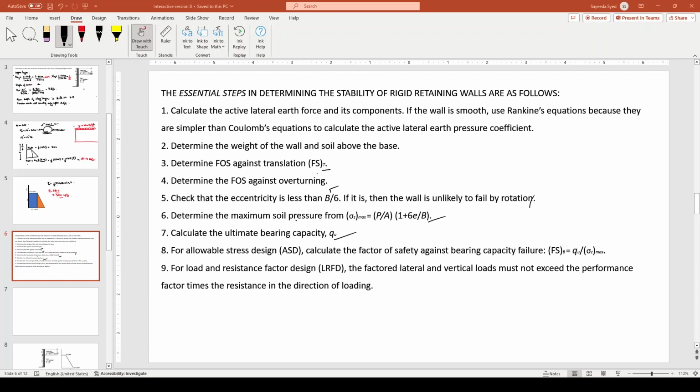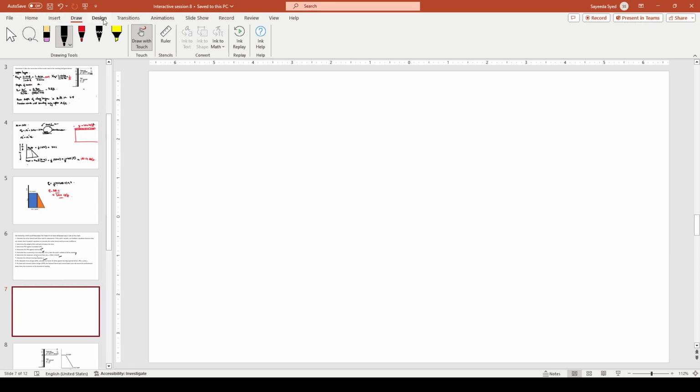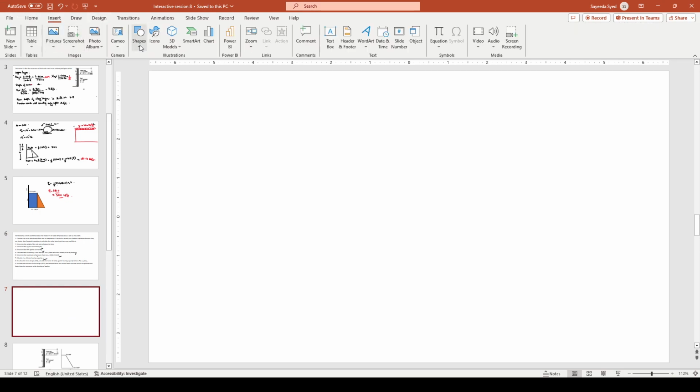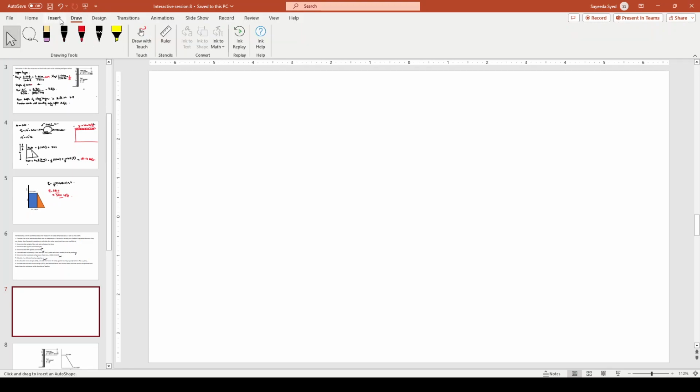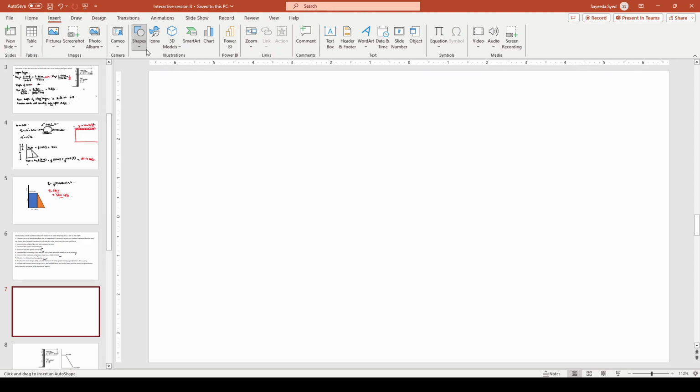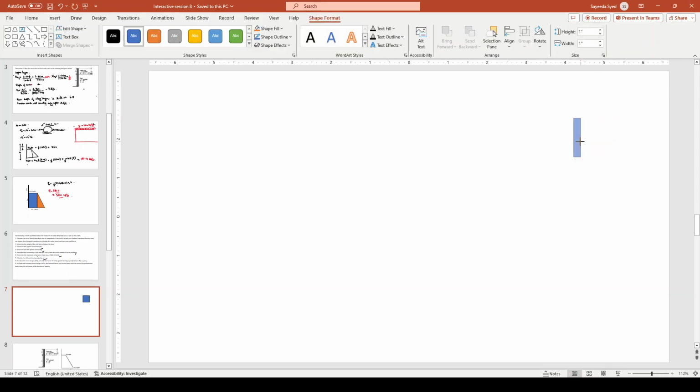Okay, let me draw this retaining wall. One second.